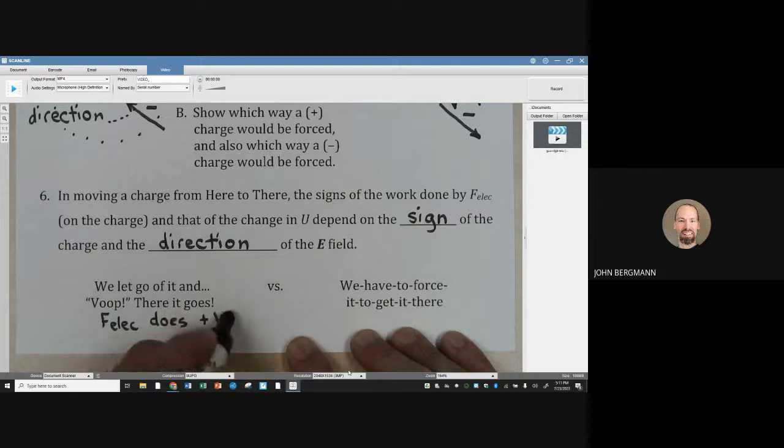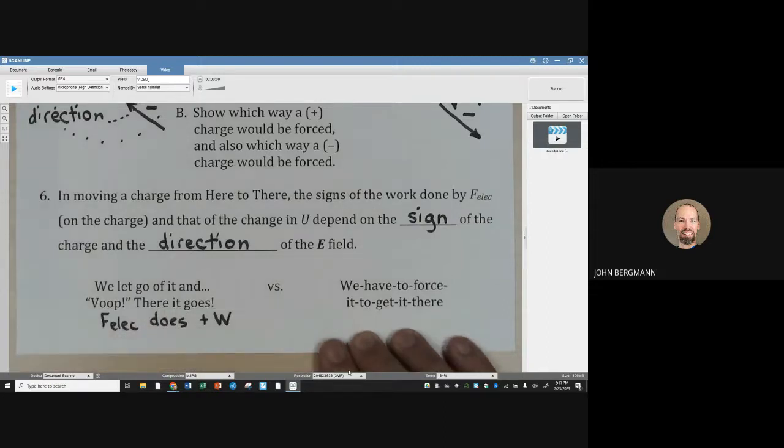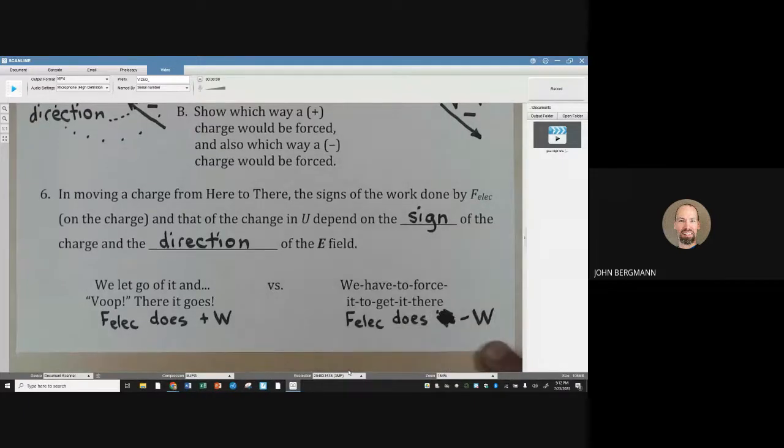The force and the direction of movement are in the same direction. Similarly, if we have a charge and we have to push it ourselves to get there, the electric force is fighting us. And so when we move it, the electric force is going to be doing negative work.